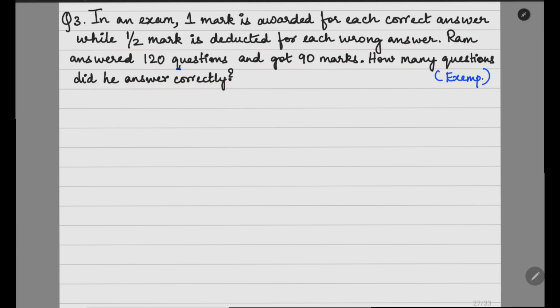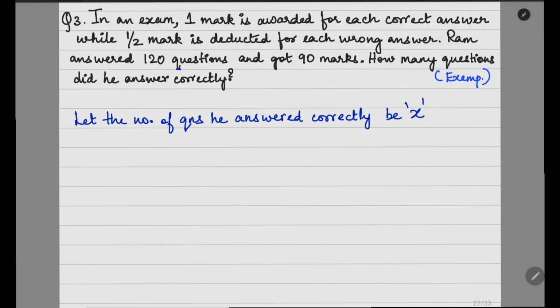Okay, so let the number of questions he answered correctly be X. This is the number of questions that he answered correctly. What is the total number of questions answered? Total number of questions he answered is 120.